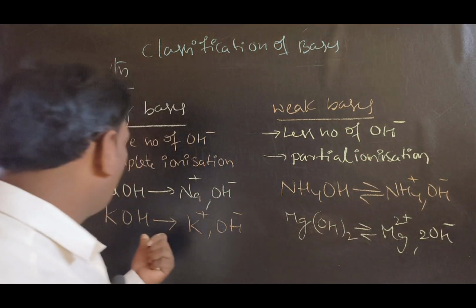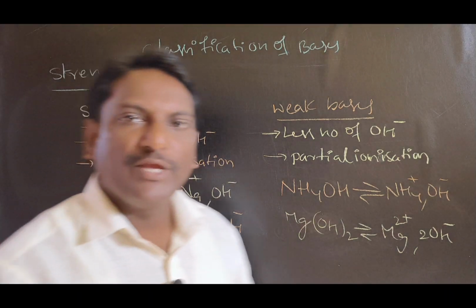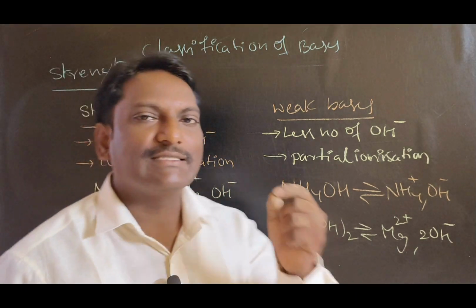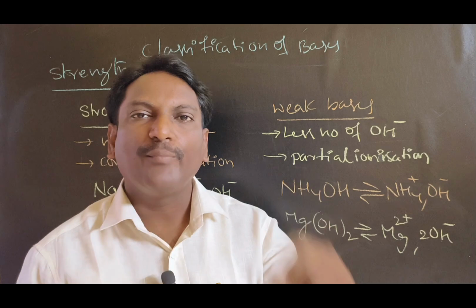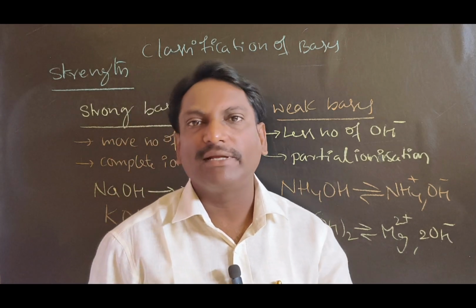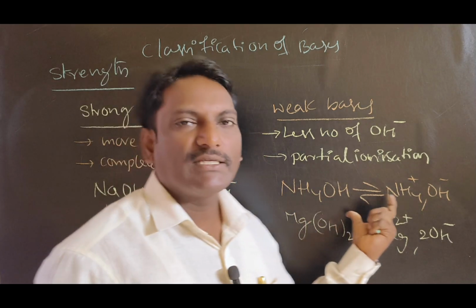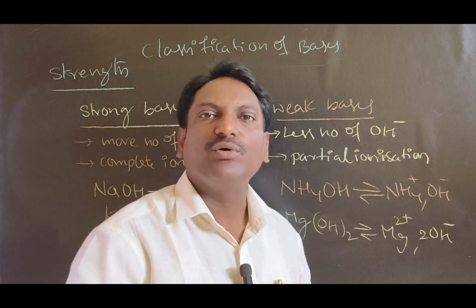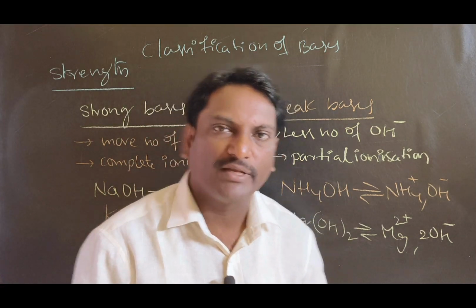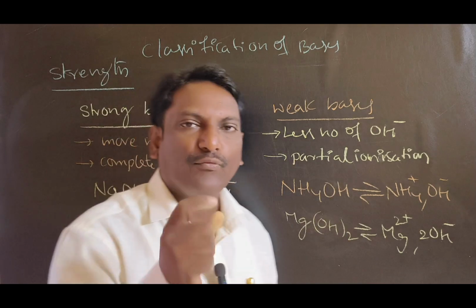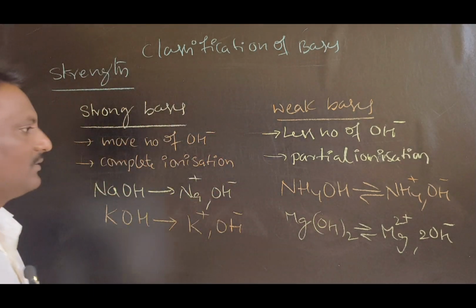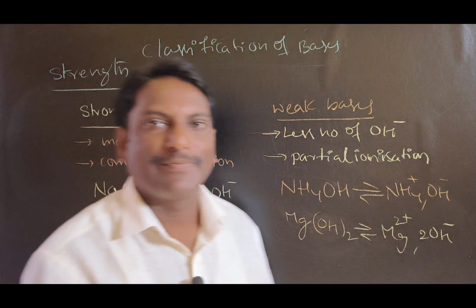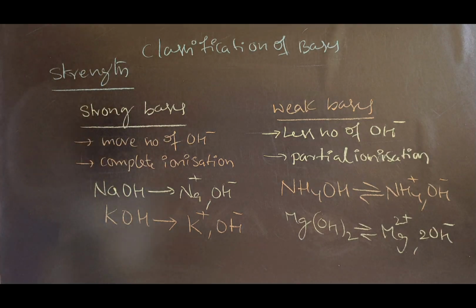Next, weak bases. They produce very less number of OH minus ions on partial ionization, not complete ionization. It's a reversible reaction taking place. So due to reversible reaction, there is no availability of more number of OH minus ions. So these are called weak bases. Is it clear? Okay.